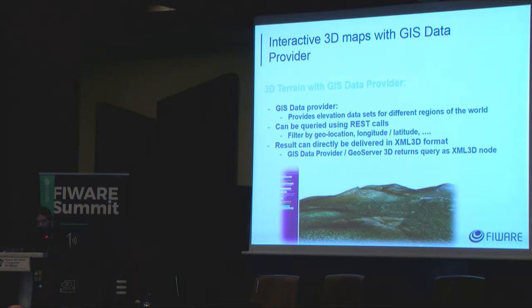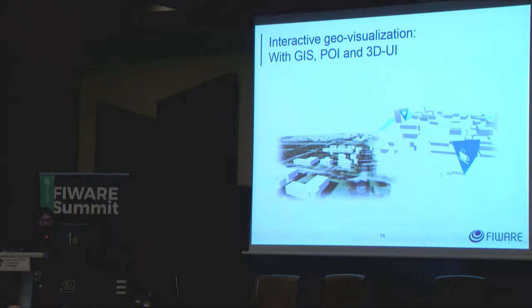And with an additional generic enabler from our chapter, the POI Data Provider, you can run the same longitude, latitude-based location query on the POI Data Provider, and in addition to the 3D visualization of the map, you will be provided with all the points of interest in this region. And attached to these points of interest, you also can specify a 3D representation of the object, either as XML3D resource or as raw mesh data, and have your POI also visualized in 3D directly on your 3D map.